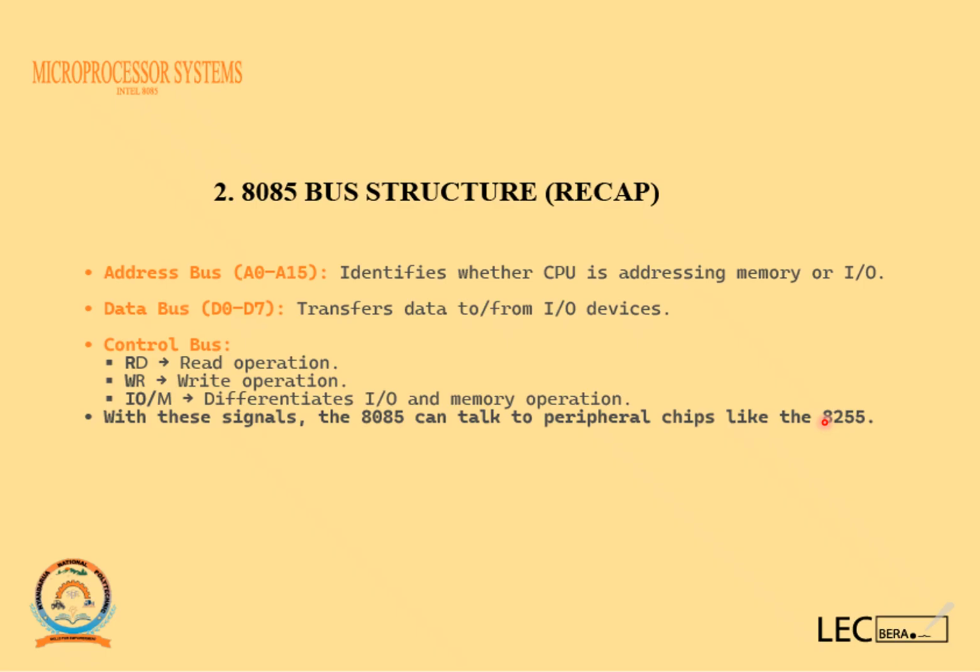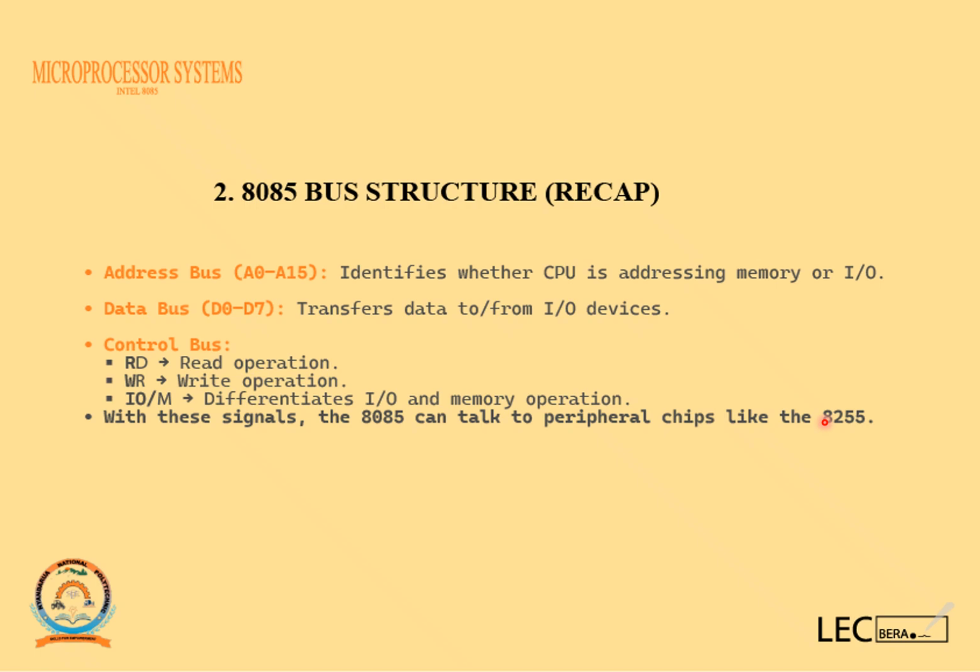The address bus is from A0 to A15. This identifies whether the CPU is addressing memory or an input-output device. So this address bus is going to carry addresses, whether these addresses are for input-output devices or for the memory. And then we have the data bus.